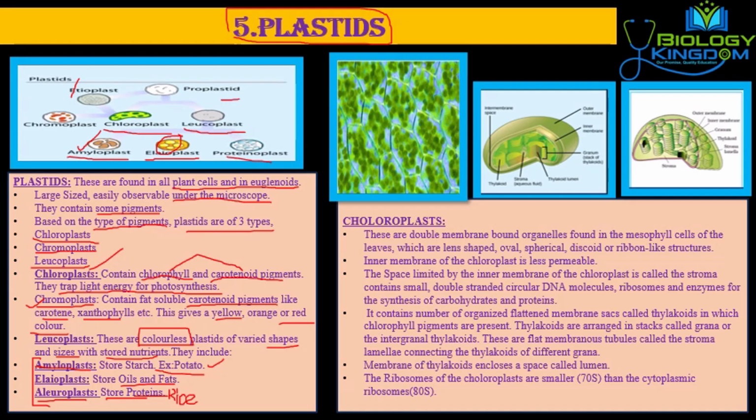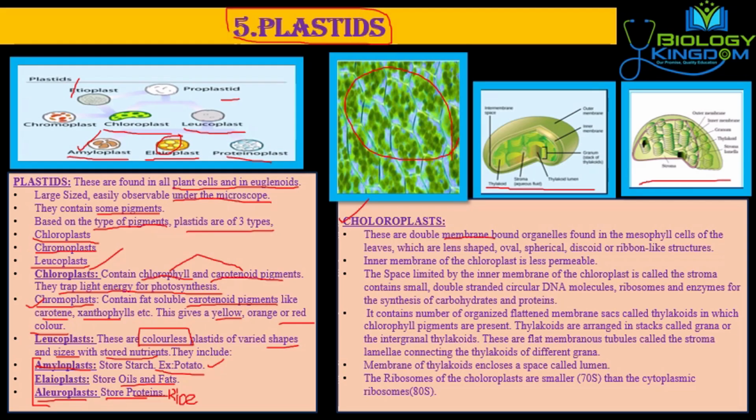Now discussing in detail about chloroplasts, which have chlorophyll and carotenoid pigments in them. This is the microscopic view of a chloroplast, and here we have the longitudinal section of the chloroplast, wherein we have the thylakoid granules, intermembrane space, outer membrane, inner membrane, and this is the transverse section of the chloroplast.